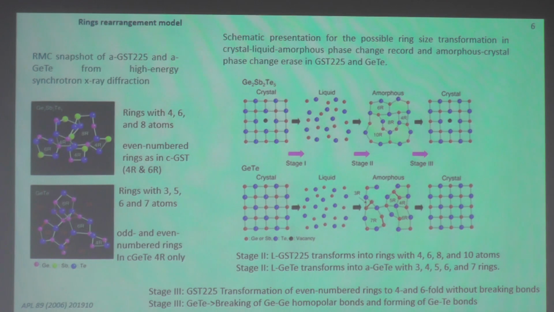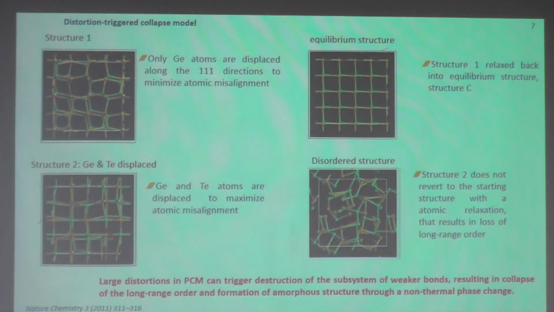So the next model is based on the distortion-triggered collapse model. This model was studied solely in computer simulation. Here the authors, Kolobov and Tominaga, considered two structures.